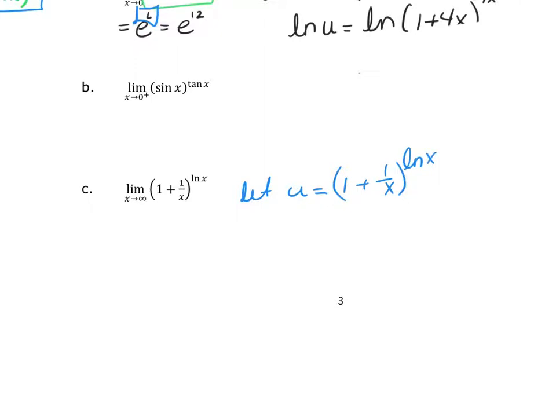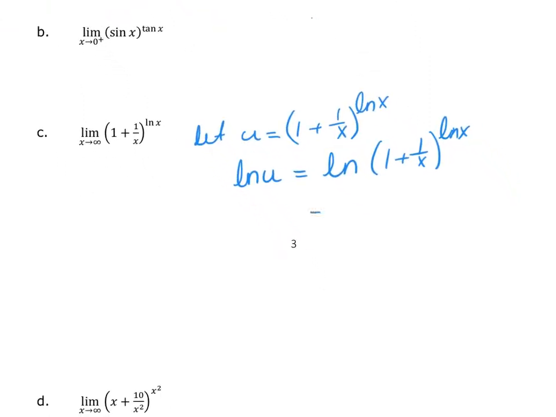Then I'm going to take the natural log of both sides, so the natural log of u is equal to the natural log of 1 plus 1 over x raised to the natural log of x. This is going to be equal to the natural log of x, since that exponent comes down out front, multiplied by the natural log of 1 plus 1 over x.